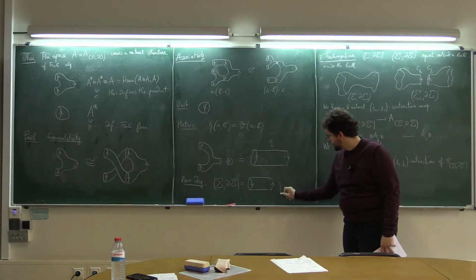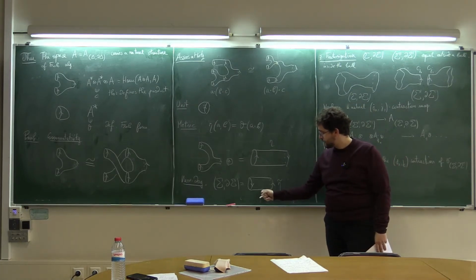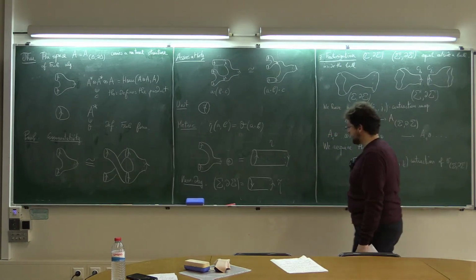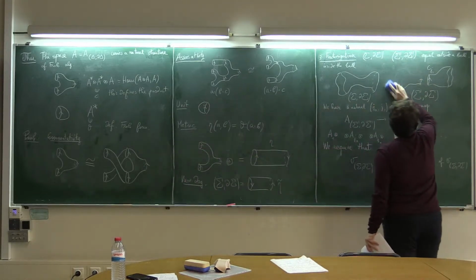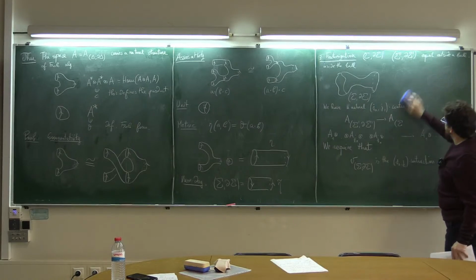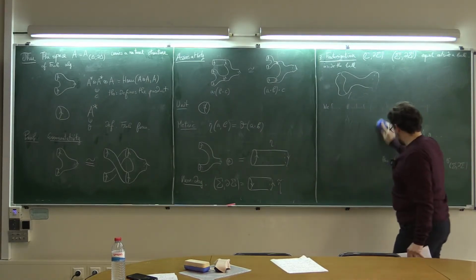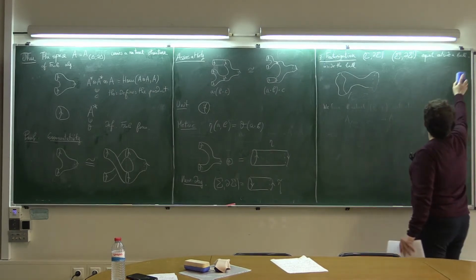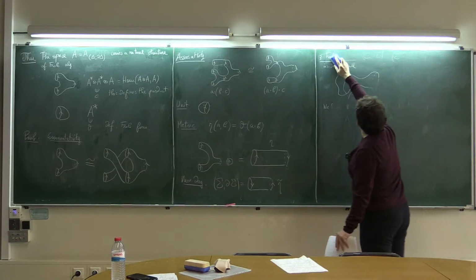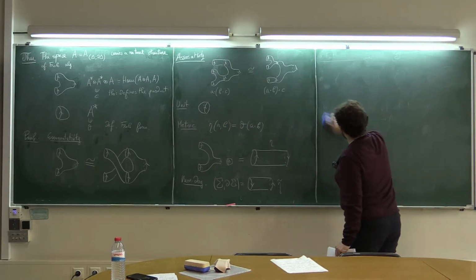And let me call eta tilde the form attached to this pair. Well, by using the factorization axiom, I can show that eta tilde is actually the inverse of eta.